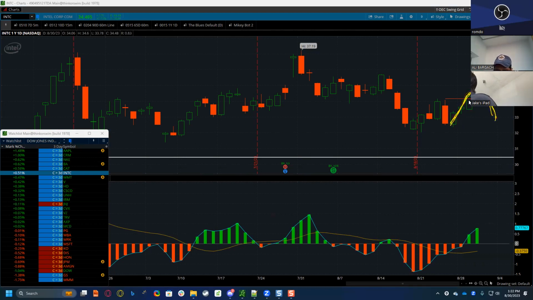Until that falls back, we don't have a higher high. We just have a market moving up. So that's not confirmed yet. But so far, I would say this is going to end up being bullish divergence for us.